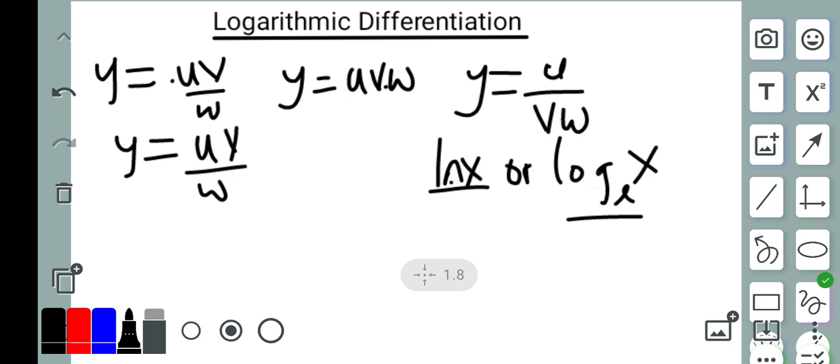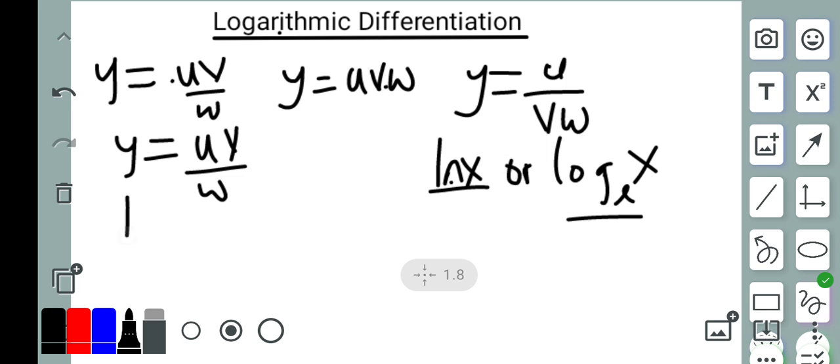Just like the topic says, logarithmic, you are applying a log, in this case a natural log, to your differentiation. Here x is whatever problem we are dealing with. In this case we are going to add ln to both sides. Let's try to solve this problem here.